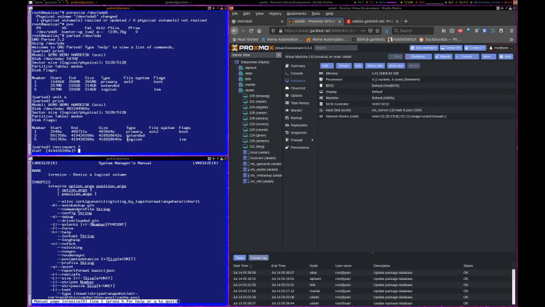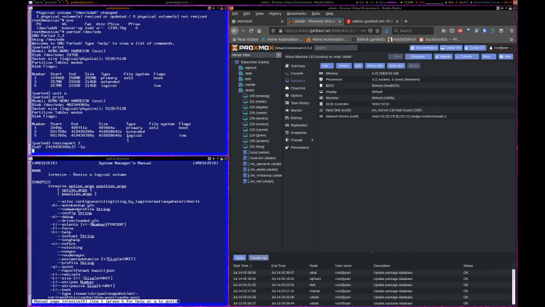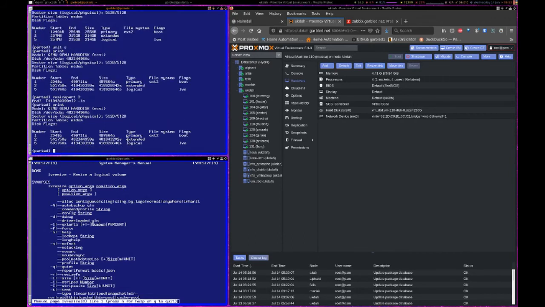And we don't have to do math. We do -1s. That means one sector from the end. Now we'll look, and you'll see that that end number has now changed.